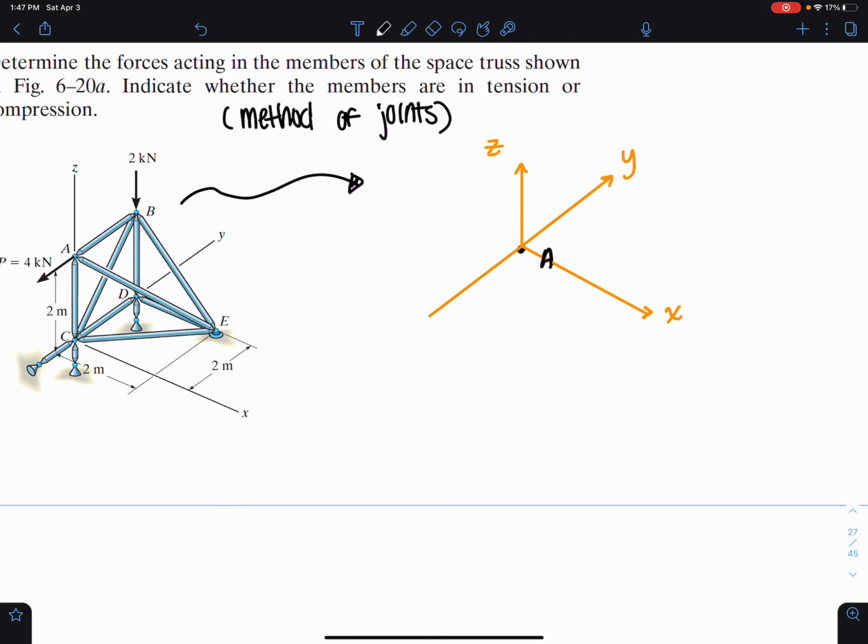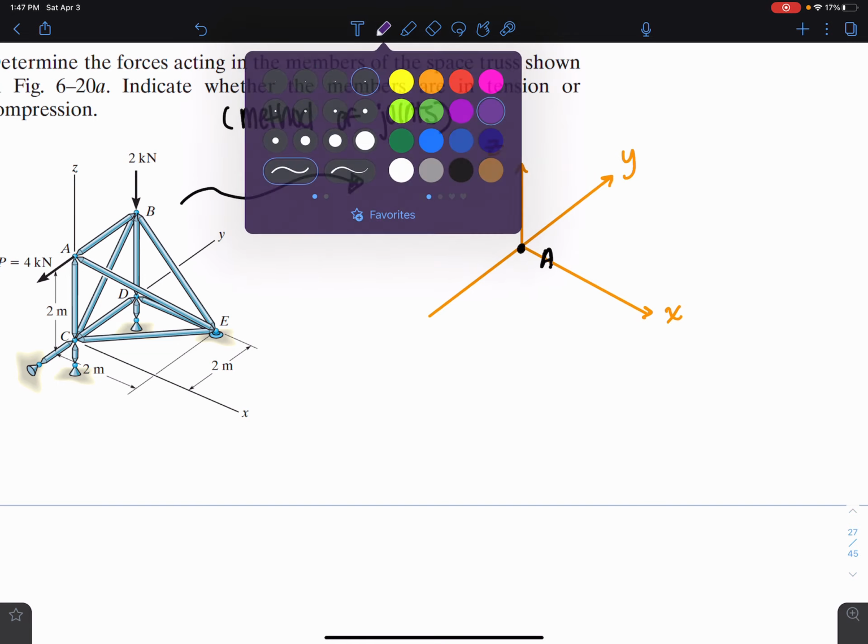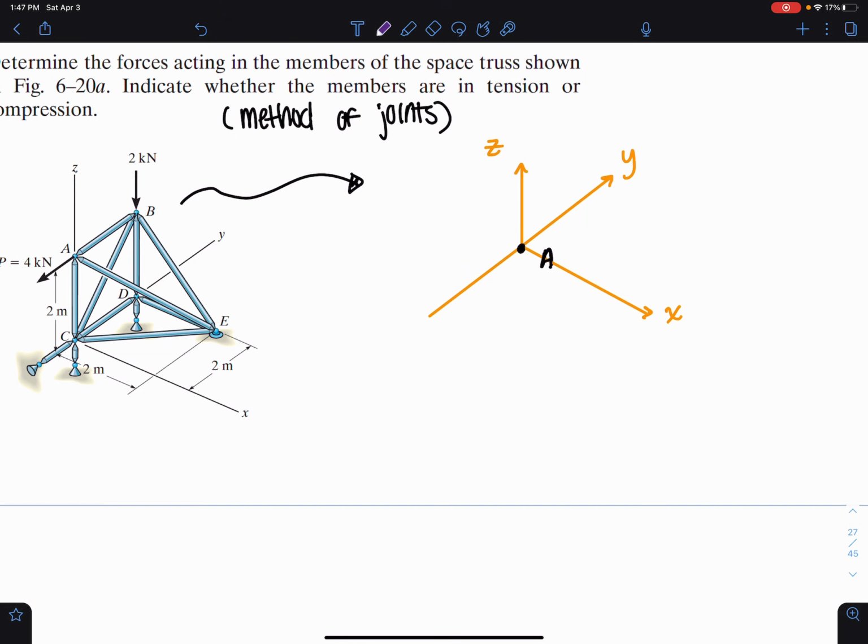Okay, now I'm going to go ahead and draw the forces that are acting at point A. So purely along the Y direction, I have FAB, the force in member AB, right? And I also have, this is at point A right here on the system, so I just counted for point A, FAB. I also have this force here, which I'm going to call FAE because it's going towards joint E. So I'm just going to kind of draw that in this direction since it's not purely in any coordinate direction.